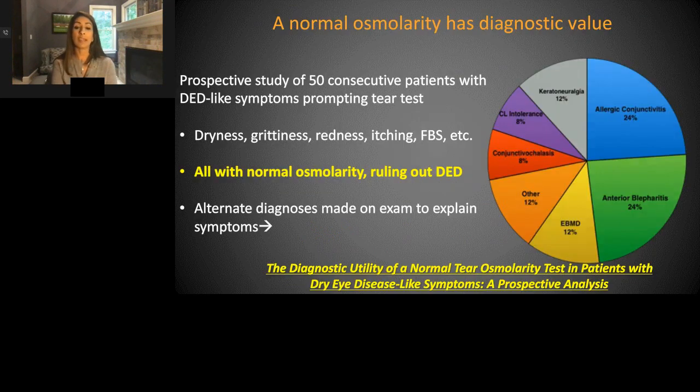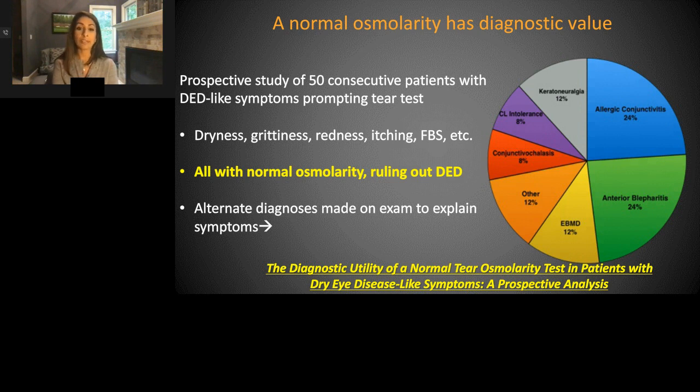I get asked a lot, well, what happens with a normal osmolarity? I think a normal osmolarity is helpful, and I really think that osmolarity testing as a screening test is helpful. This study really helped me to realize that.